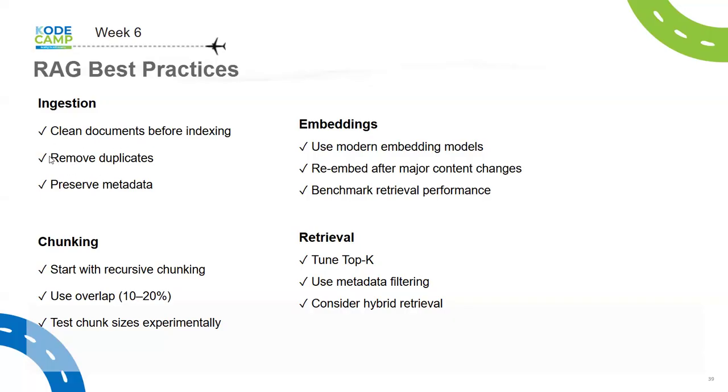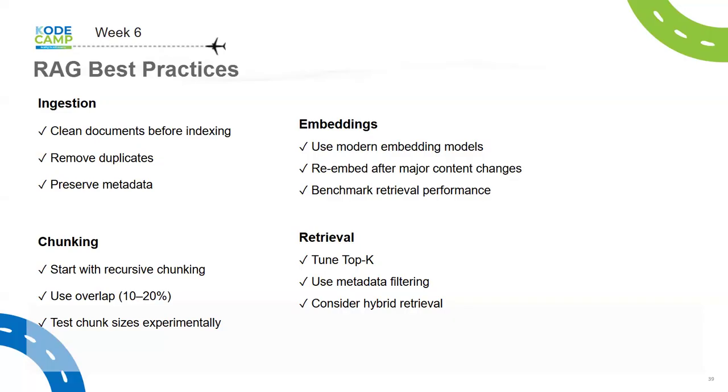Always remove duplicates, because duplicates are just going to take up space and confuse your retrieval. So removing duplicates is a good practice. Preserve metadata. Metadata could include section names, document names, the section from which that chunk came, references, and a whole lot of information. That metadata is very, very useful.